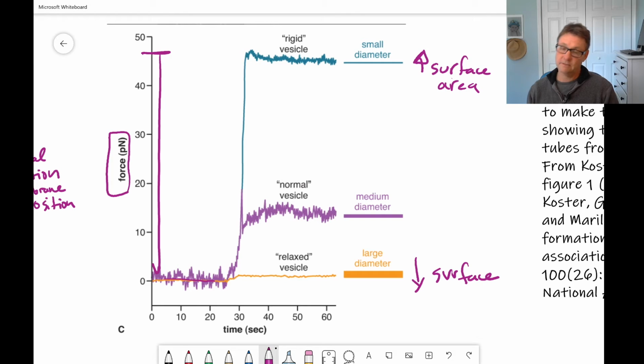And so that's a very strong selective pressure to drive evolution to make these kinds of membranes that might be rigid so that you could have small diameter tubes in order to maximize your surface area, which is important for maximizing the exchange sites around these membranes.